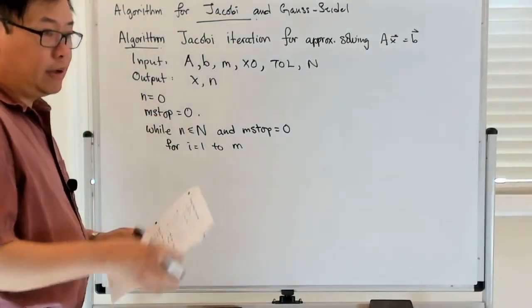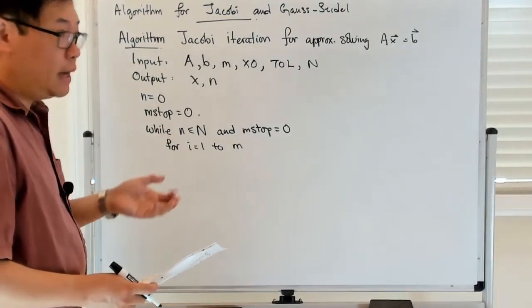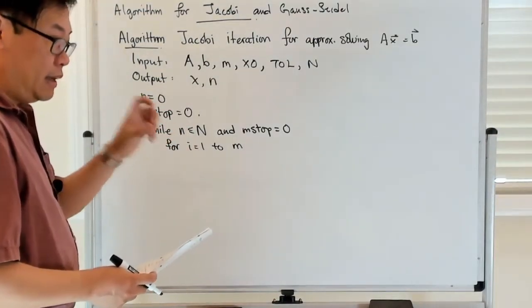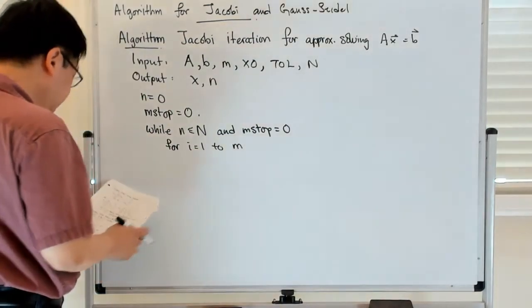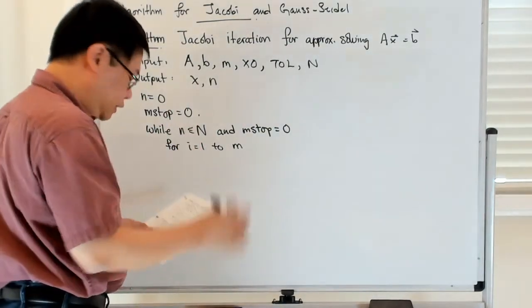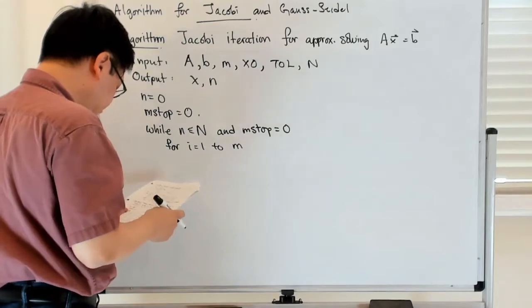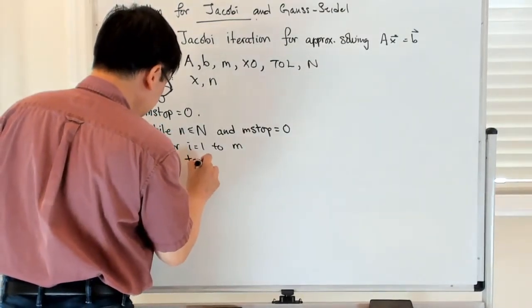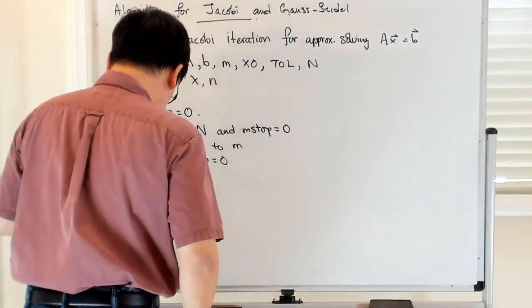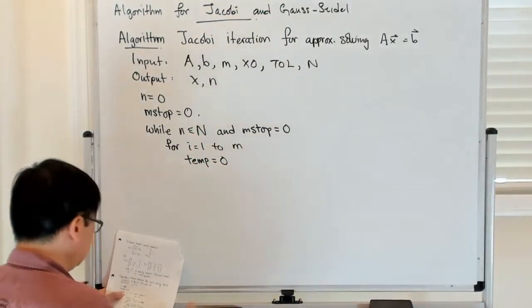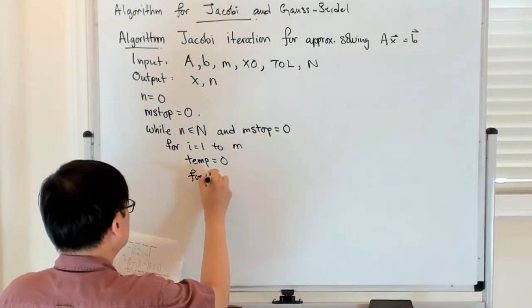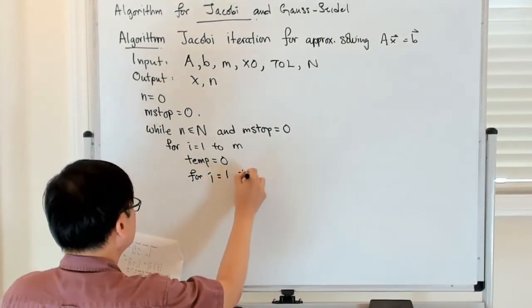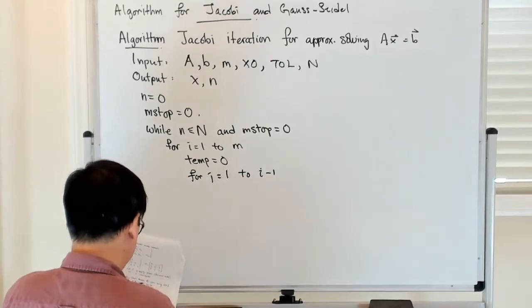If you recall, what you have to do is compute this right-hand side, and then divide it by the diagonal entry. The first part has to do with computing that b minus the sum term. So let's have a temp counter be 0, and then I go from j equals 1 to i minus 1.